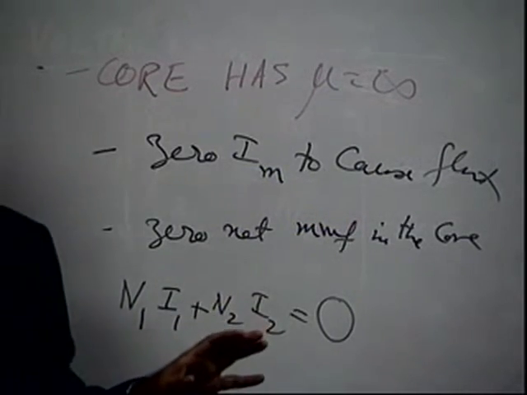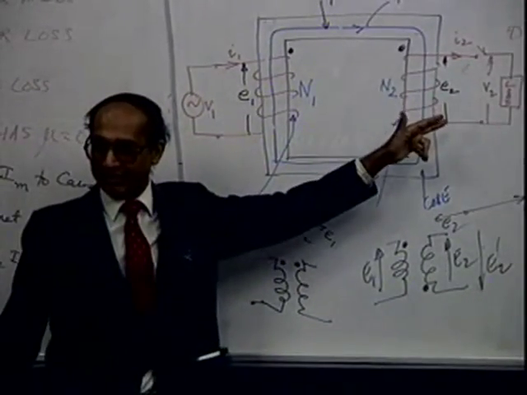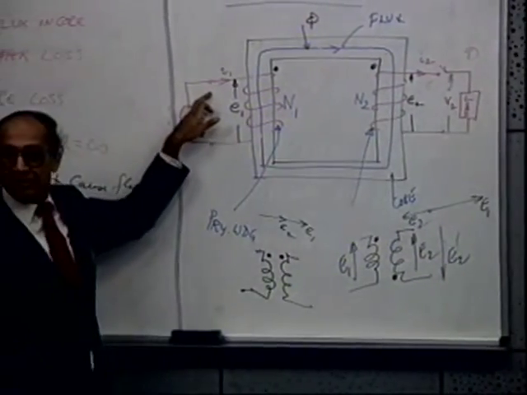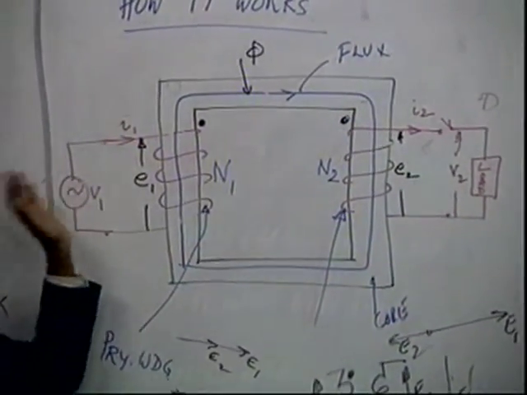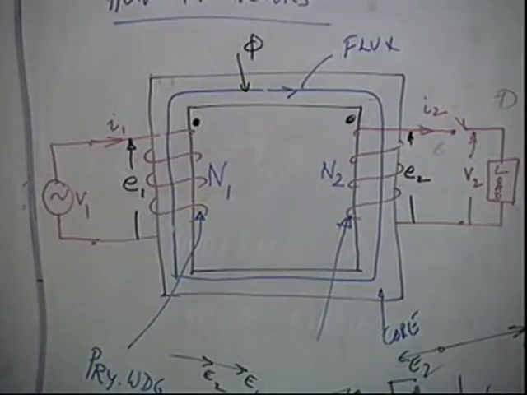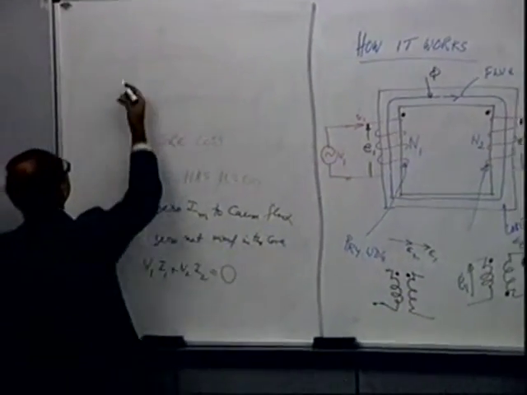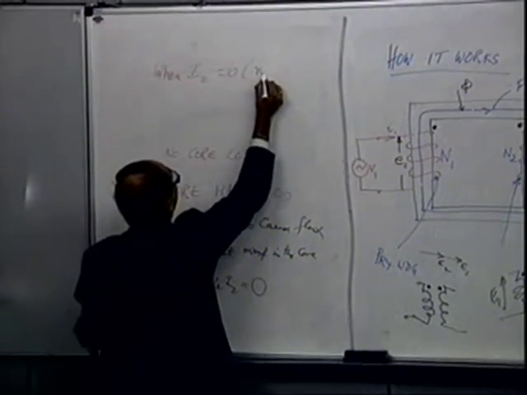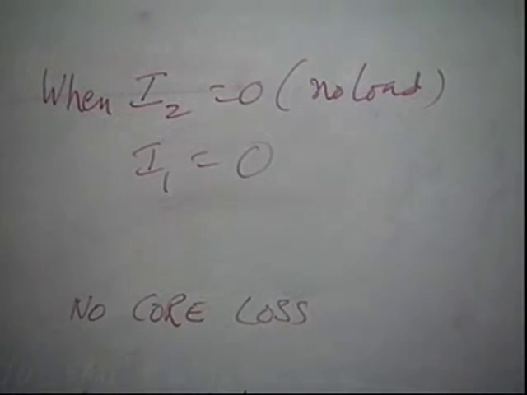What does it mean? Whenever you load the transformer secondary, that means whenever I2 was 0, what would be I1? I1 would be 0, because ideally nothing for supplying core loss, nothing for magnetizing. So when I2 is 0, that is no load, I1 is 0. This is the first thing. No current from the primary at all on no load.